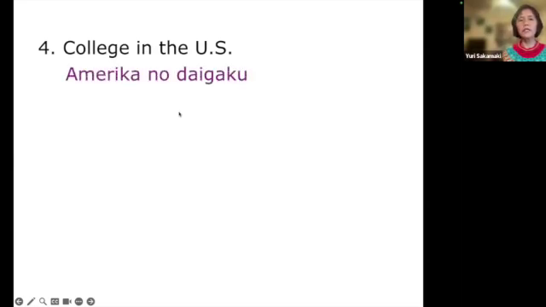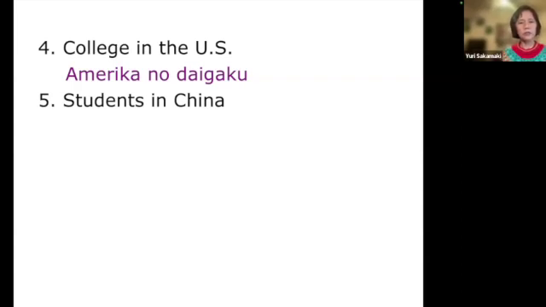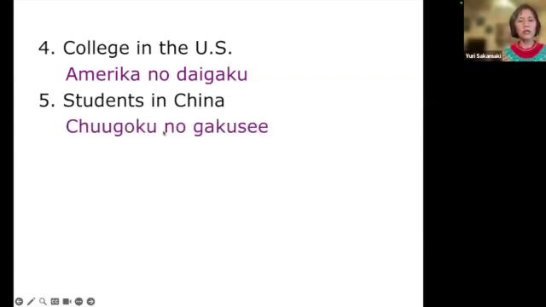So it's going to be アメリカの大学. So it's not any university, but it's in the US. For students in China, so there are many students, but let's just give more details about students. So that would be 中国の学生.